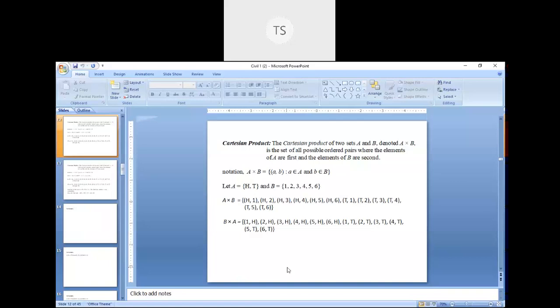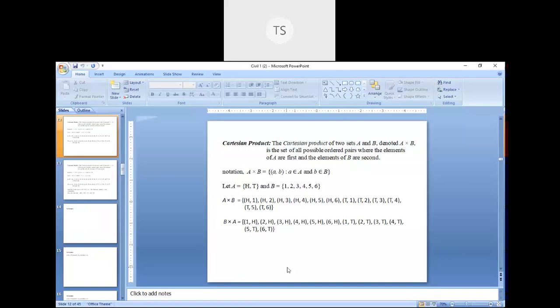Is it clear? Now see, the elements of A cross B and the elements of B cross A are not same, they are different. That is why A cross B is not equal to B cross A. So always remember, A cross B is not equal to B cross A. Okay?